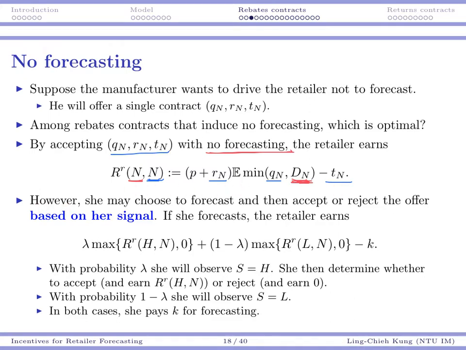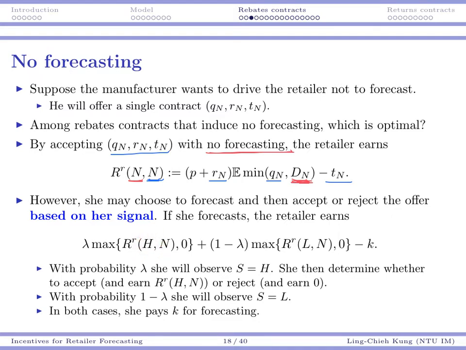The retailer may still choose to forecast, and then that forecast result can help her accept or reject the offer based on the signal. So if she forecasts, then the retailer will do the following. With probability lambda, the retailer will see a high demand.